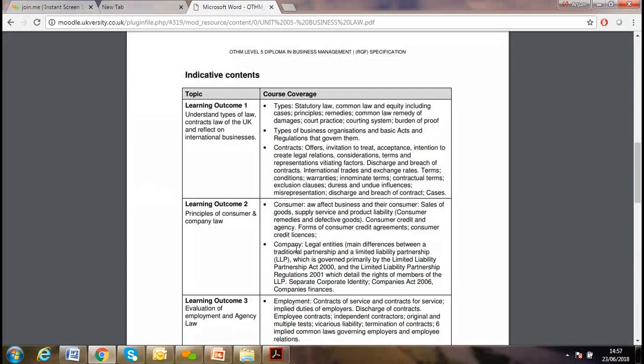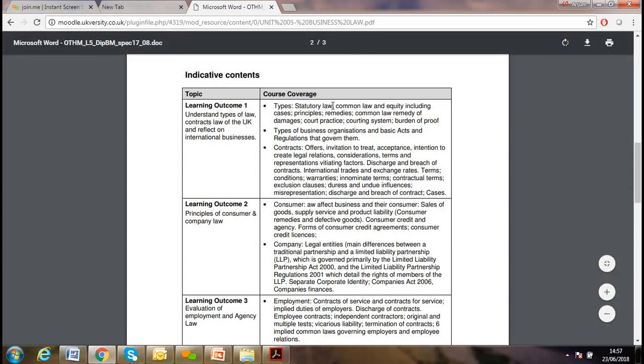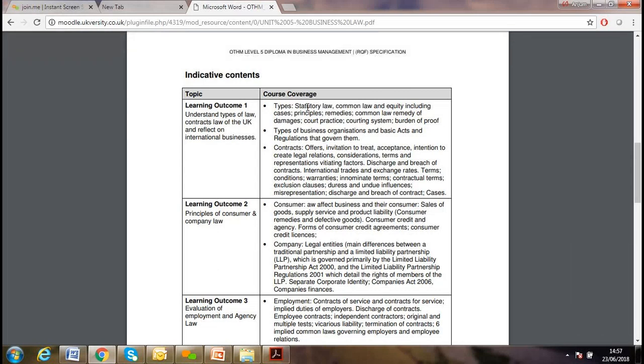Okay. So today we just learned the basics: what is meant by statutory laws, which is civil and criminal law passed by Parliament. It becomes a law, a written law. Most of UK law is common law, or case law as we normally say, based on different cases.